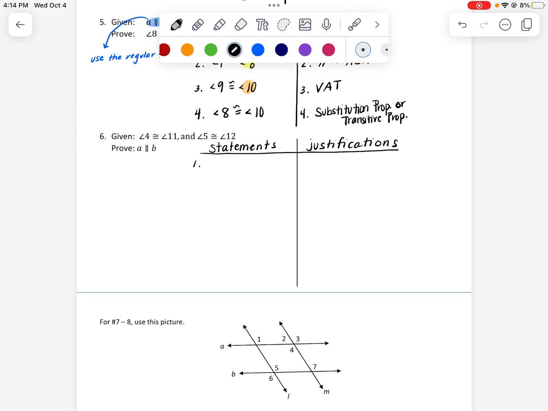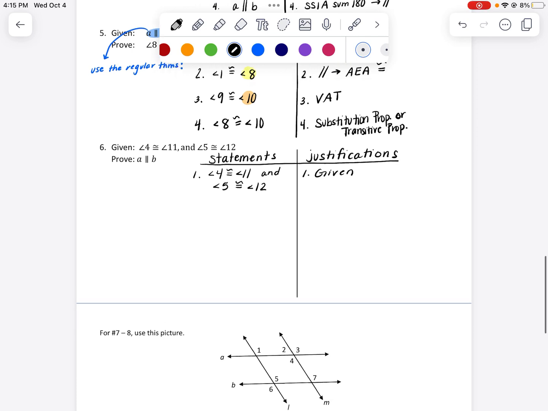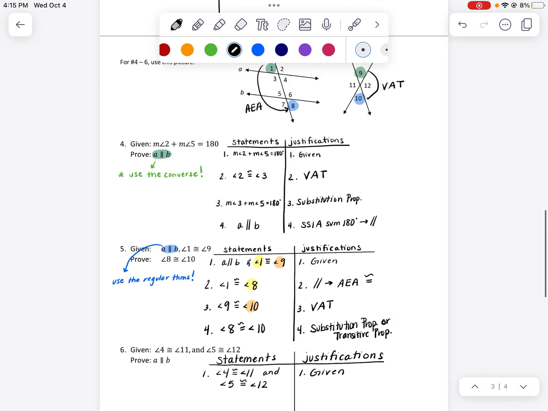Starting with the given, angle 4 is congruent to angle 11, and angle 5 is congruent to angle 12. So we have some good given information, and again, I'm going to zoom way out so we can see the picture, and then we can go from there.